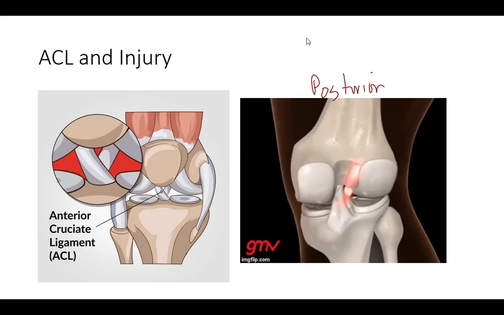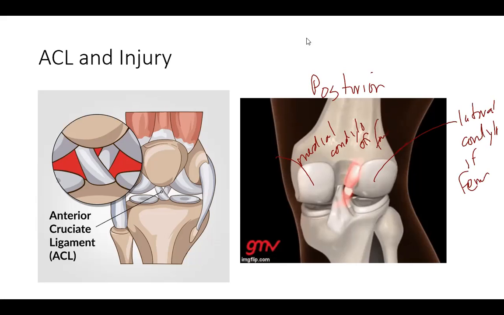This is the lateral condyle of the femur. This is the medial condyle of the femur.